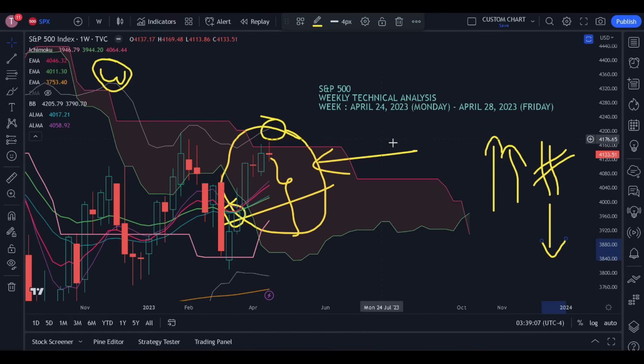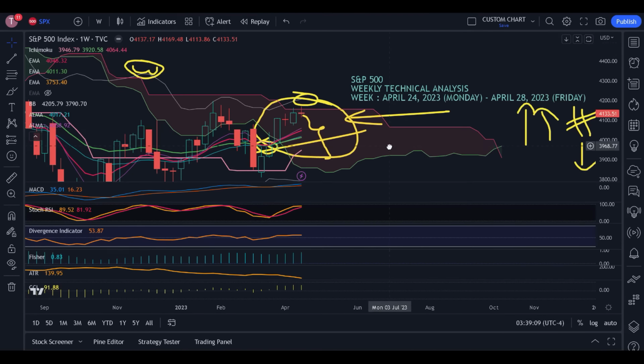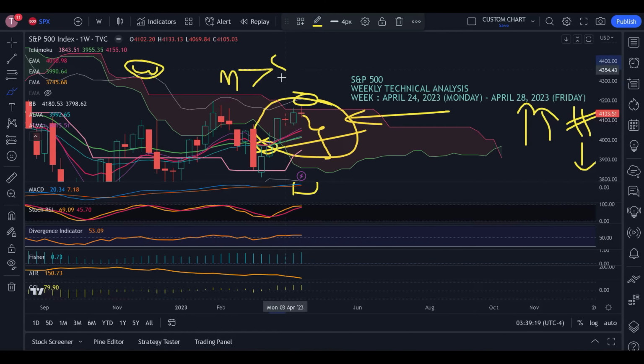Now let's see what other technical indicators are saying on the weekly chart of the S&P 500. First comes the MACD, moving average convergence divergence. MACD is more than the signal. This is good. This is indicating that the S&P 500 is in a bull trend through the MACD on the weekly chart. Then comes the stochastic RSI. Stochastic RSI, K channel is more than the D channel, no saturation.